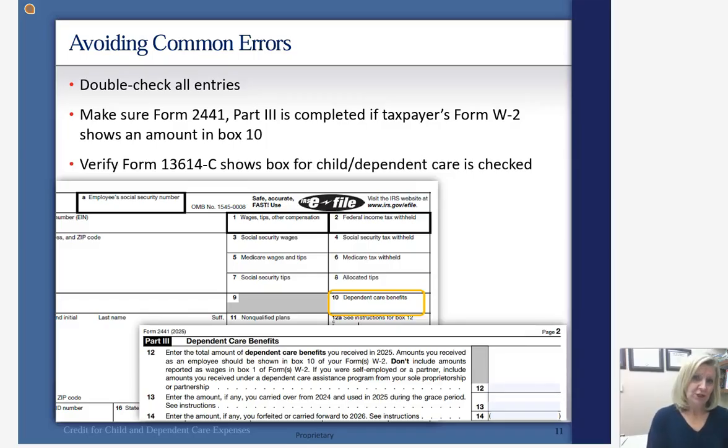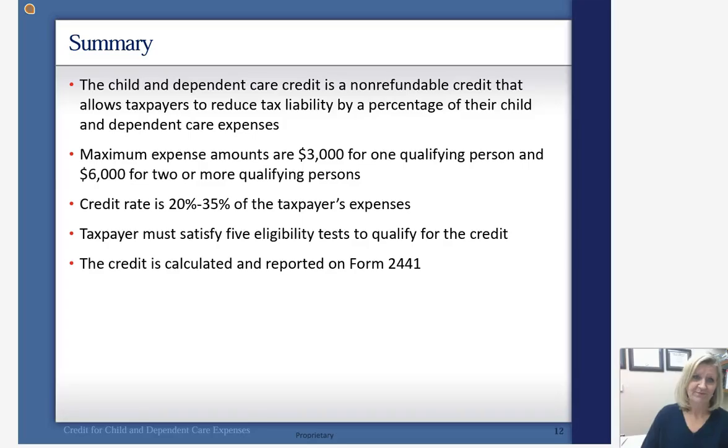So make sure Part 3 of Form 2441 is completed correctly if the W-2 has an amount in box 10, okay? So there is information on that W-2 that we need to double check even after we've filled it out in the income section, and dependent care benefits is one of those.